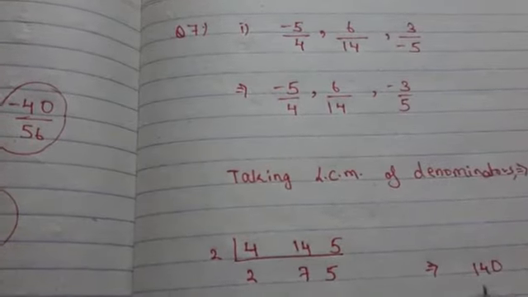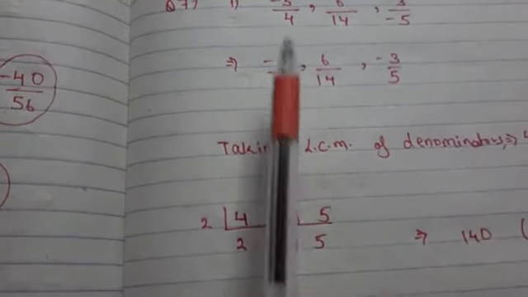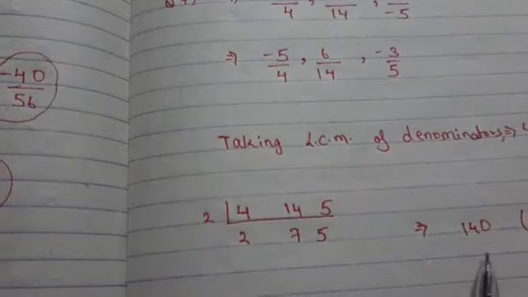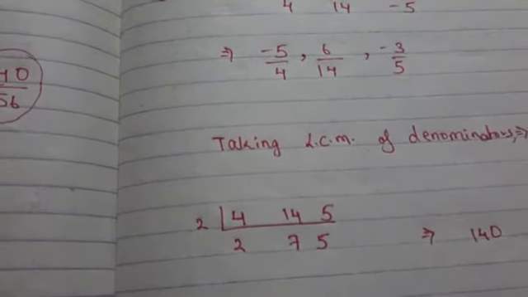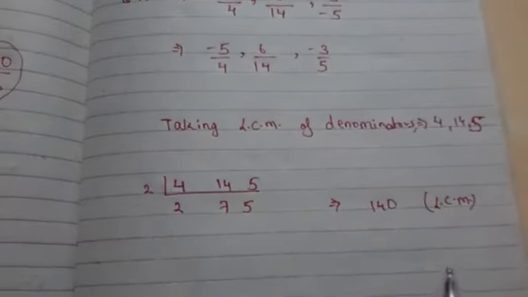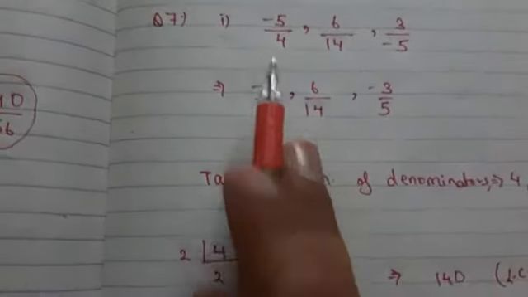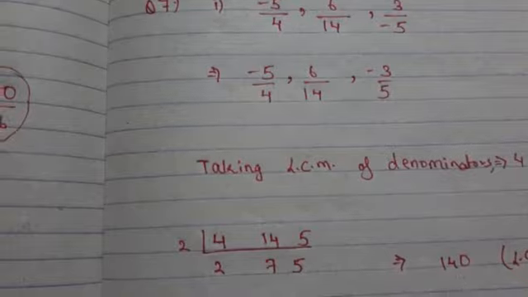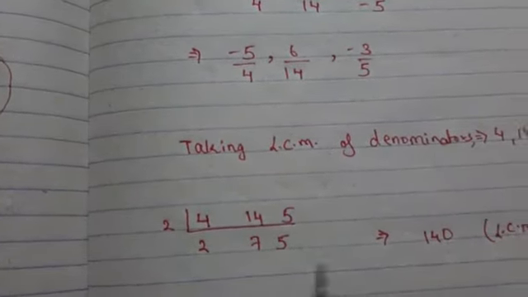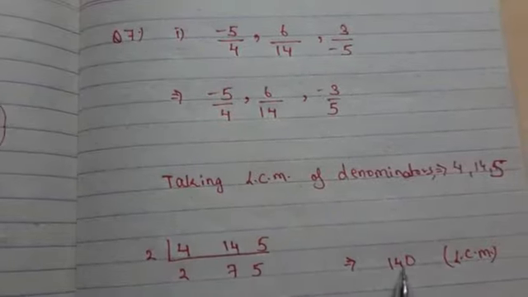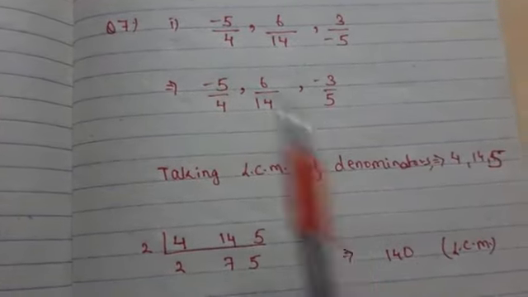So in order to make 4 equal to 140, that means in order to replace 4 by this 140, the easiest way is to divide the LCM by the given denominator. See, this is your rough work. This is for your understanding. I need to make 4 into 140. So how can I make it? Whenever you need to know by what number we should replace this number so that it becomes this, just divide the numbers.